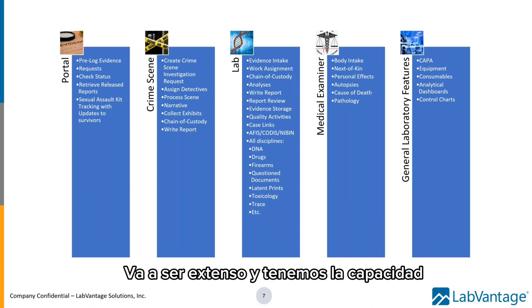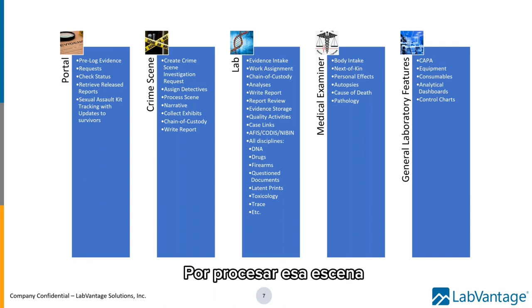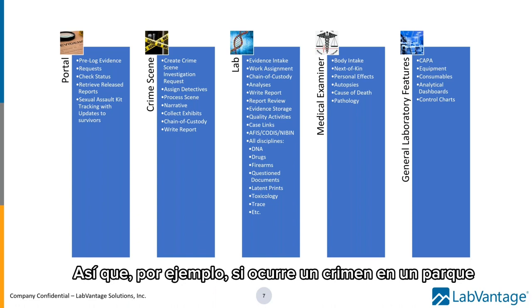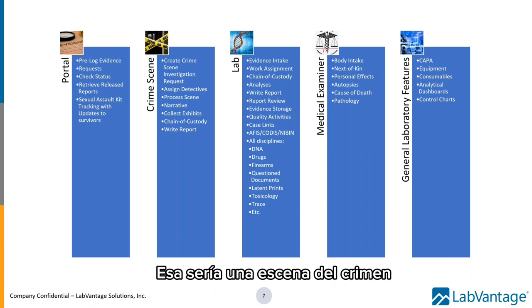And we have the ability not only to create a crime scene and document all of the activities that go on for processing that scene, but also to have multiple scenes under one investigation. So for example, if a crime happens at a park, maybe somebody is jogging in the park and they're assaulted, that would be one crime scene.